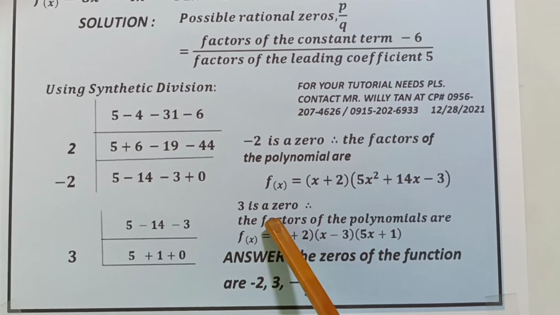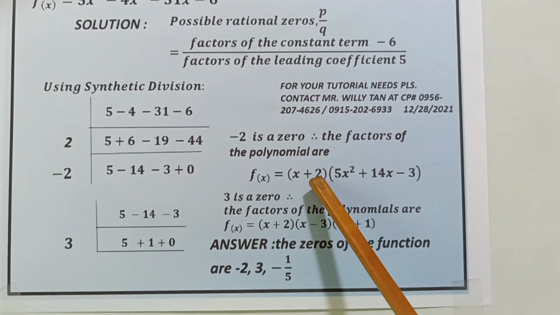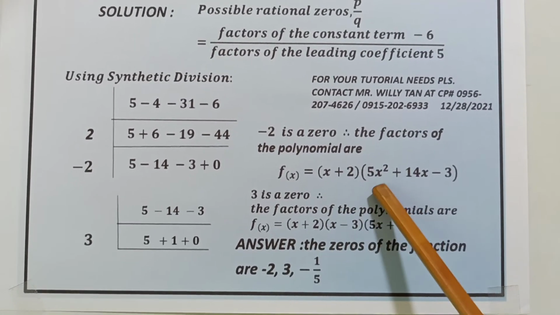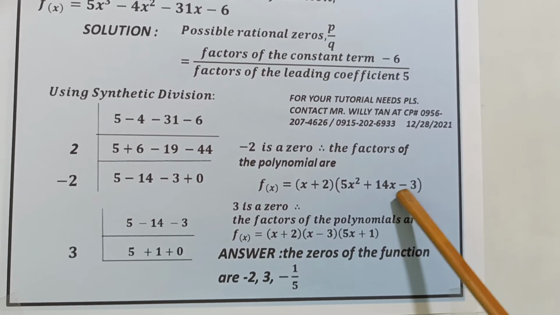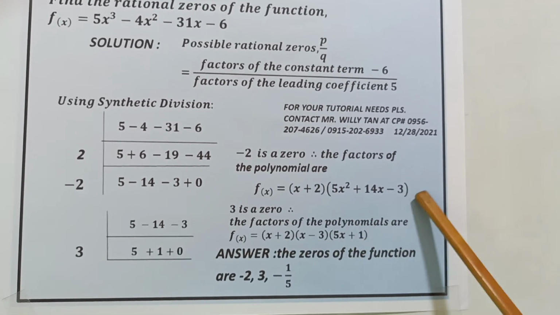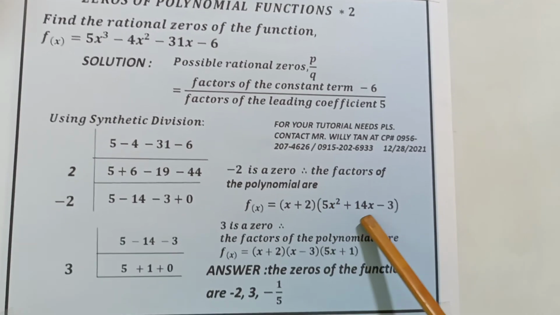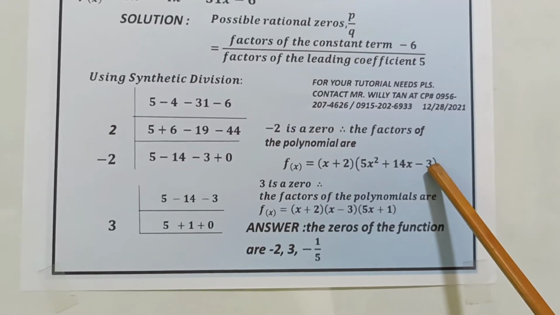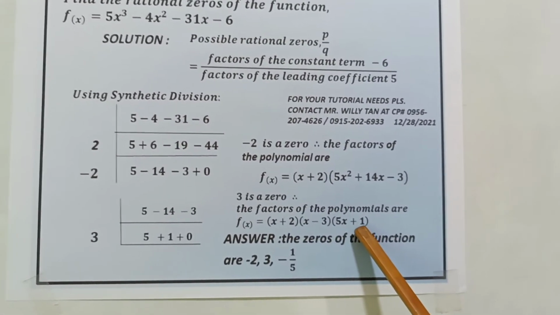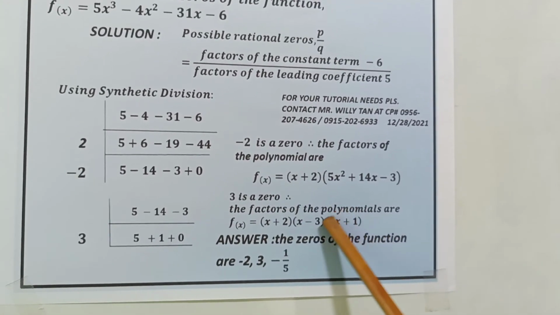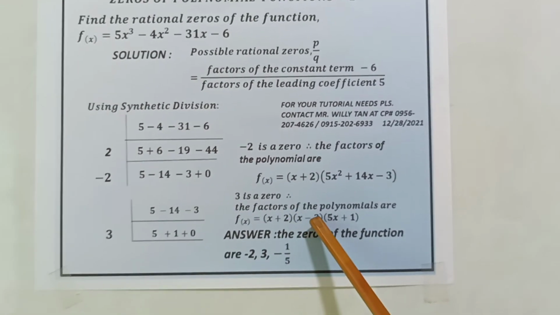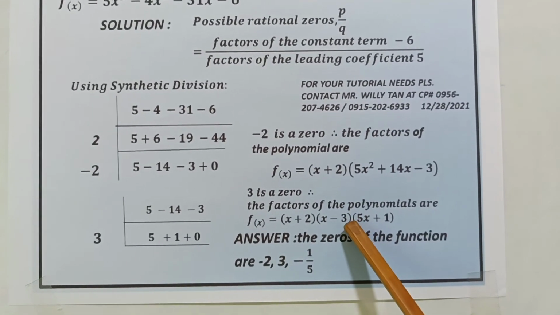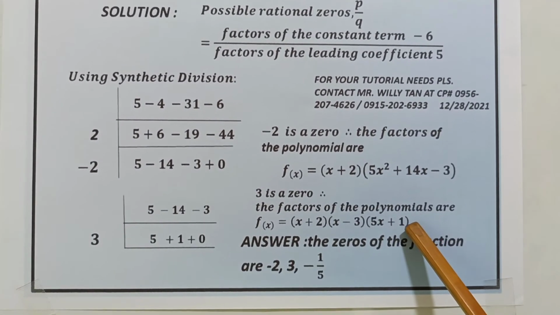Since 3 is a zero, the factors of the polynomial are the first zero, which is x plus 2, and 5x squared minus 14x minus 3, which factors as x minus 3 and 5x plus 1. So the factors of the given polynomial using the zeros are f of x equals x plus 2 times x minus 3 times 5x plus 1.